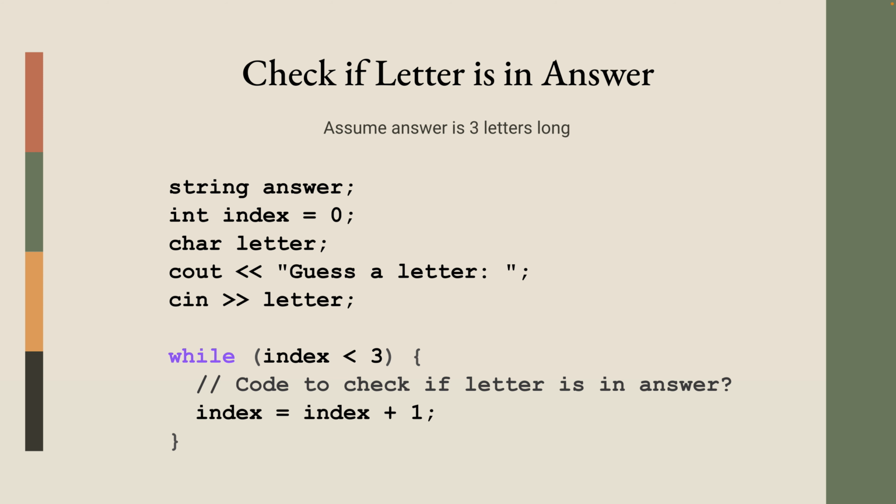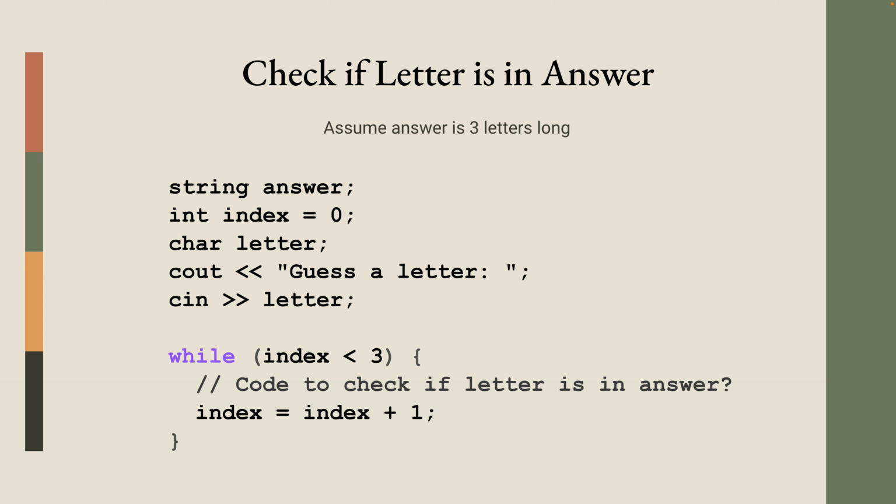Now, what code could we actually put here if we wanted to check, so we assume the user has guessed a letter, how can we check if the letter is equal to the thing we were printing out, either the M or the A or the X? Yeah. We do letter is not equal to. So in this case, we want to check if it is equal to, because we'll have an if statement inside of here.